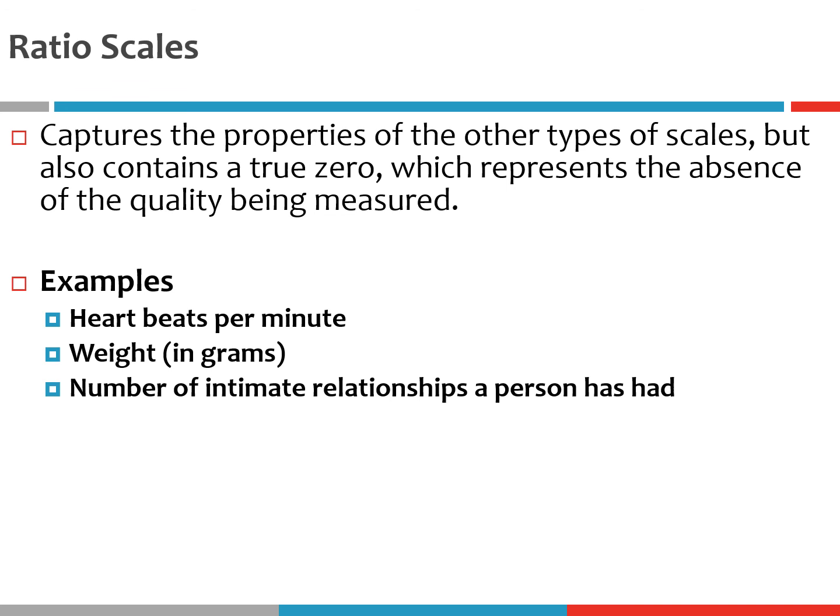Again, both interval and ratio scales are going to deal with continuous variables or numerical variables, like asking someone how many drinks they have per week or per day. And categorical variables are going to be indicated with ordinal and nominal scales.